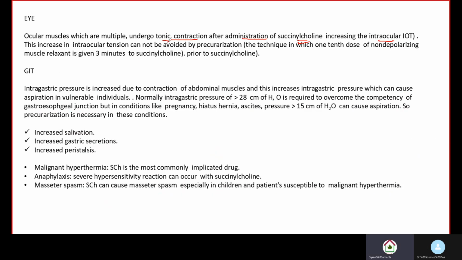This increase in IOT cannot be avoided by pre-curarization. Pre-curarization is a technique in which 1/10 dose of a non-depolarizing muscle relaxant is given 3 minutes prior to giving succinylcholine.